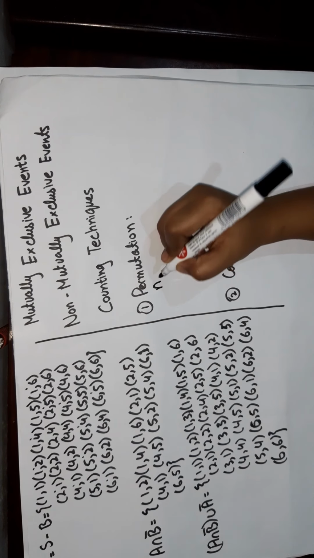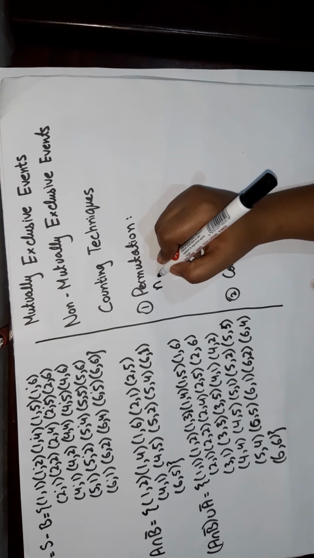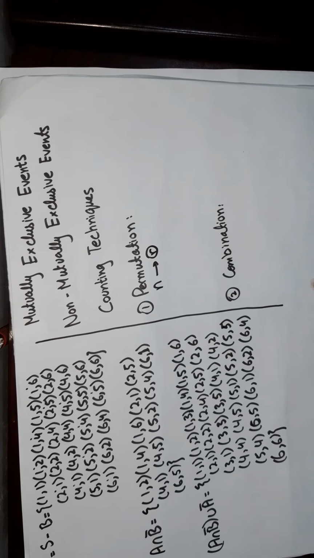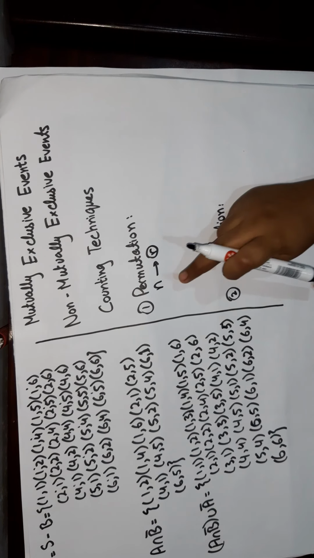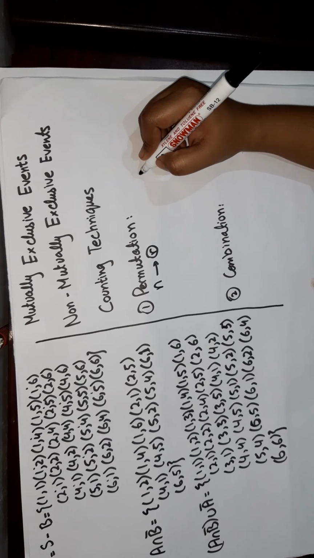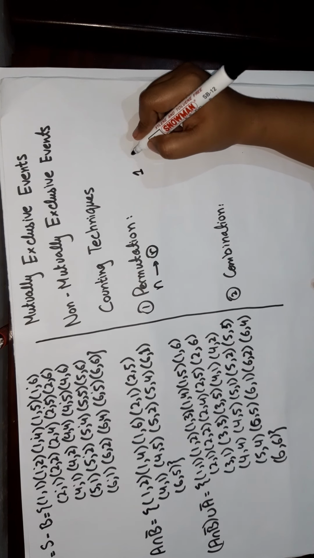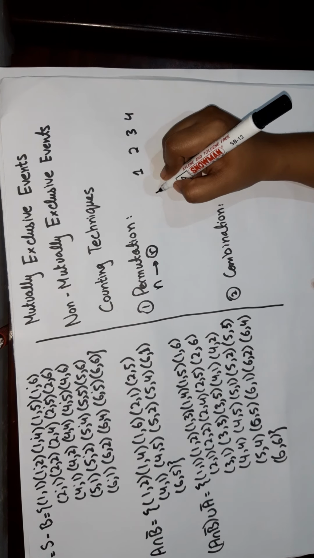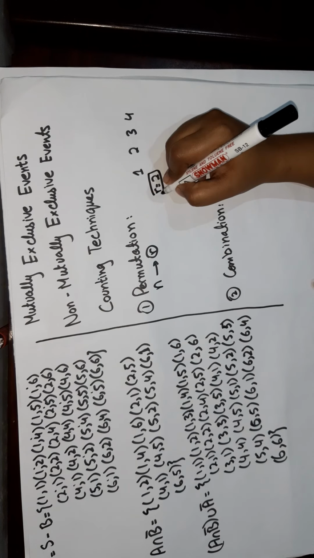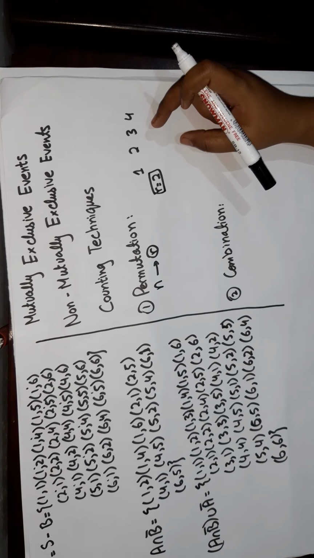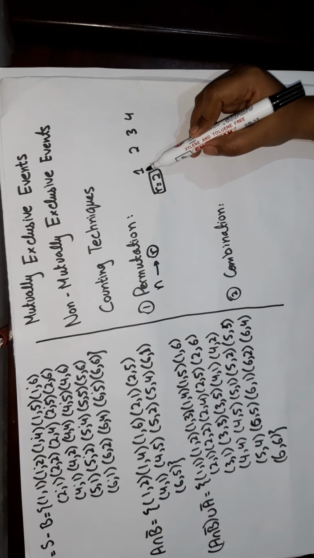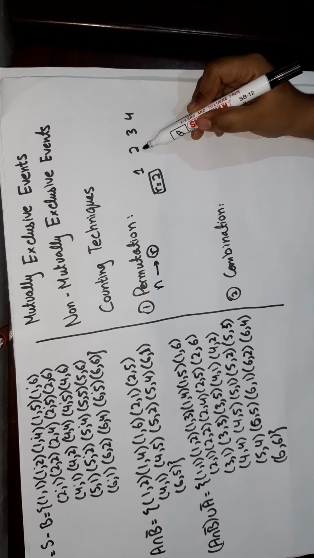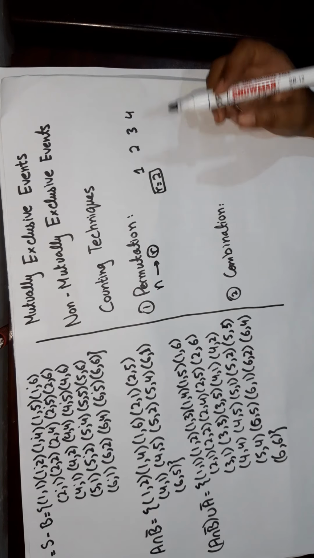For example, you have n possible items, and from these n possible items you have to select r items. Then in how many ways is it possible? For example, let's say you have numbers 1, 2, 3, 4, and you have to select r equal to 2 items. Then in how many ways is it possible to select 2 items? Either it is 1 or 2, either 2 or 3, either 3 or 4, and so on.